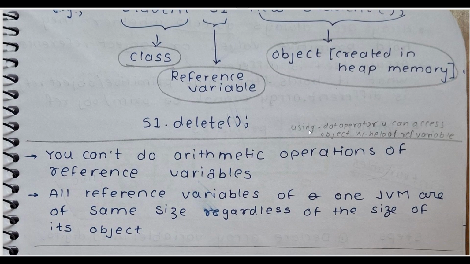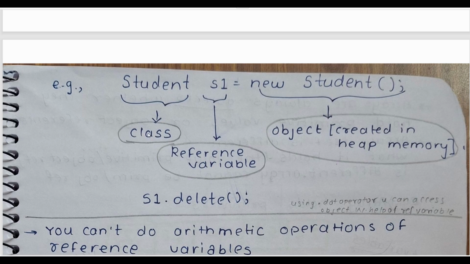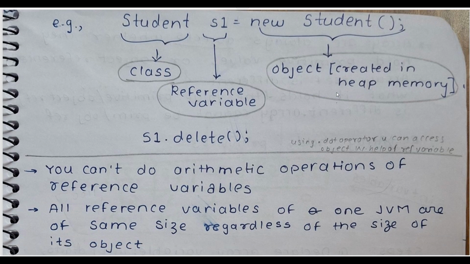Important points to remember. You cannot perform arithmetic operations on reference variables. All reference variables inside one JVM have the same size. Like if you create an object of Student, s1 = new Student(), and an object of Dog, Dog d1 = new Dog(), the size of both will remain the same.